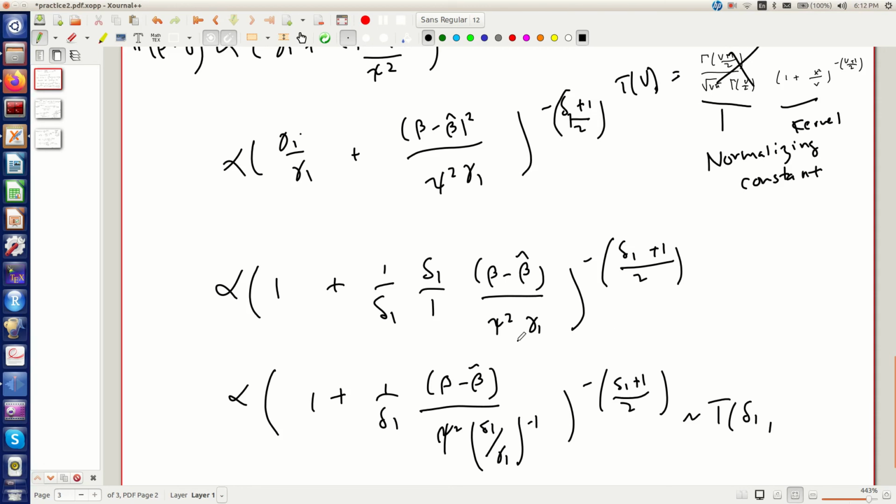This is a non-central t, so you need to center it. Mean beta hat. And it has this shape. Variance parameter, third parameter, phi squared, like this.